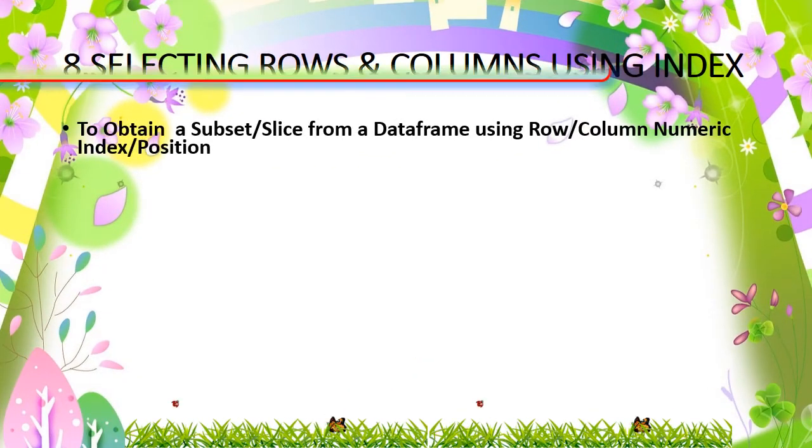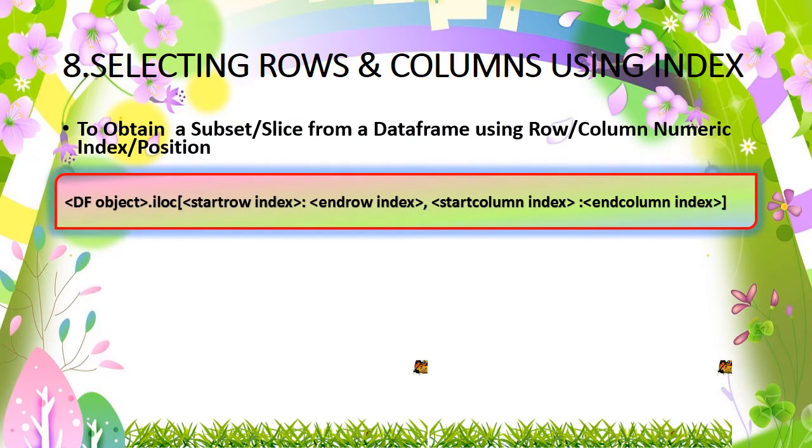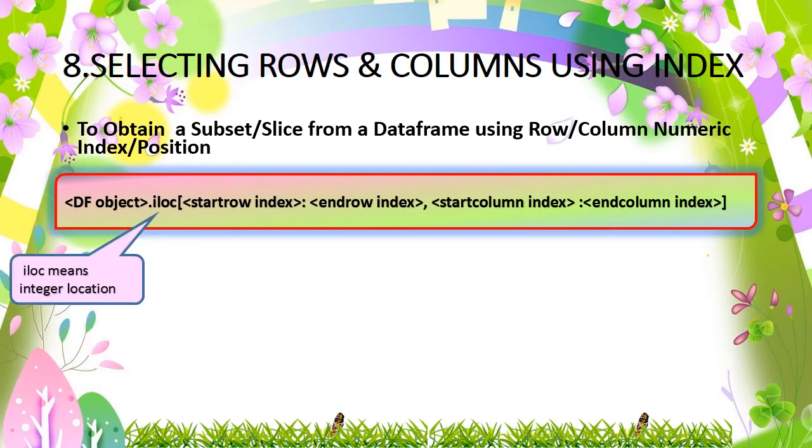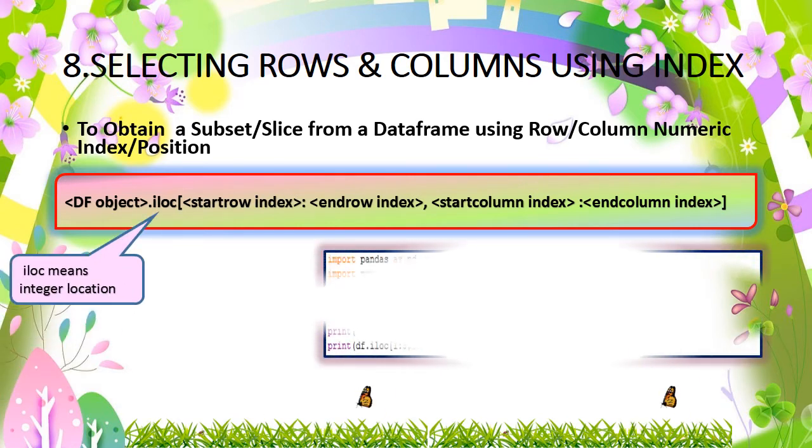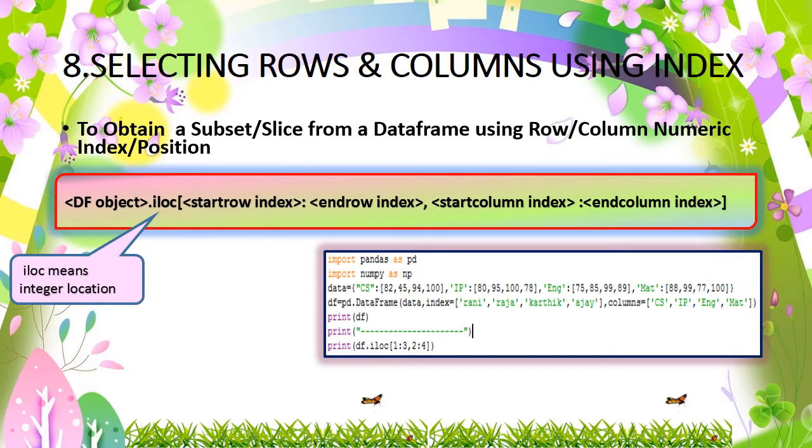To access both rows and columns using the ILOC function, use this formula: df object dot ILOC start row index colon end row index comma start column index colon end column index. ILOC is integer locations, so we should specify integer values while using the ILOC function.